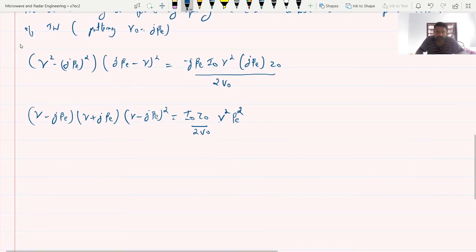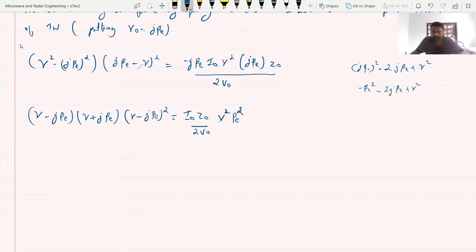I have rearranged. I have changed this, because this will be like this, a square minus 2ab plus b square. Okay, j square is nothing but minus beta square, j is nothing but minus 2j beta I plus gamma square. So if I take this one, this will be gamma square, that is gamma minus j beta I the whole square.